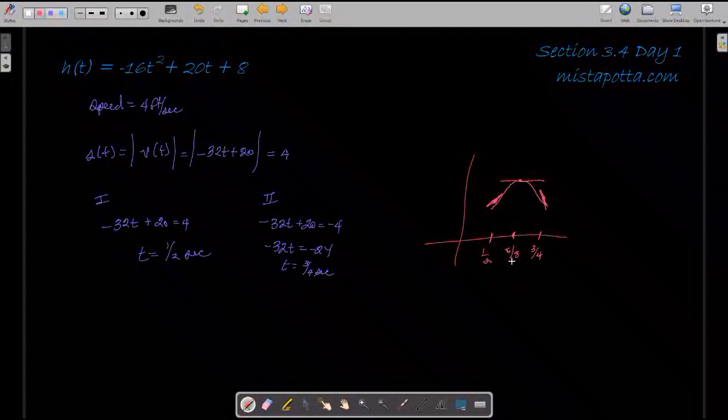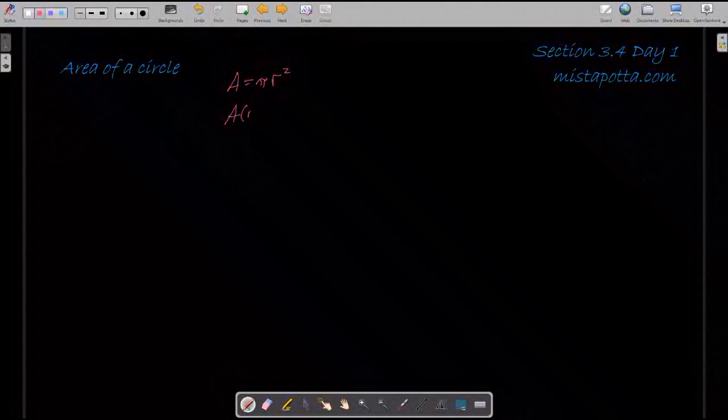So I want to talk about some different situations. Let's say I'm talking about the area of a circle. The area of a circle we normally write from geometry as pi r squared, but my area of a circle is a function that depends on the radius. So this is really pi times my radius squared.